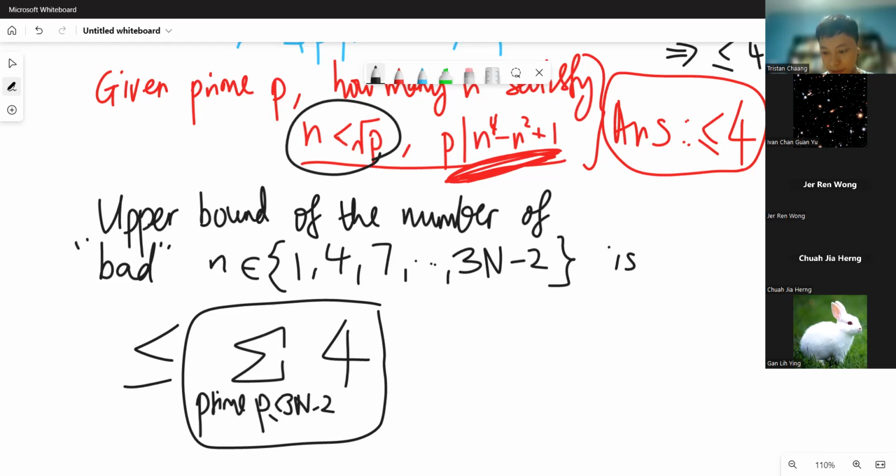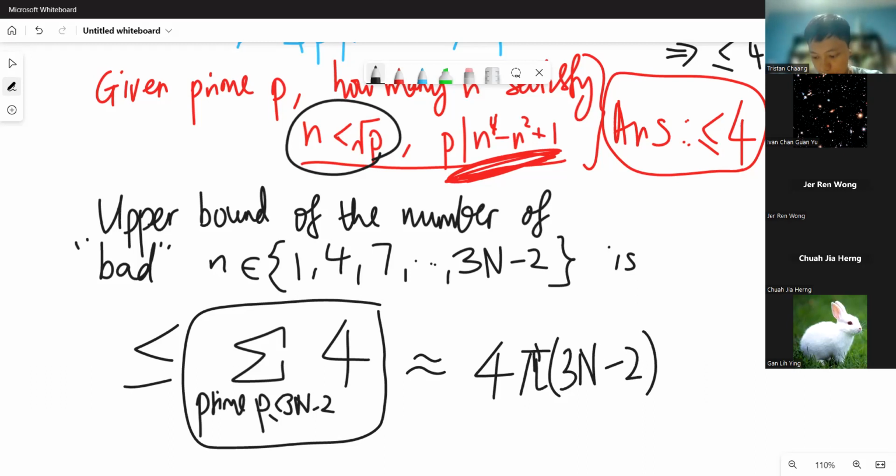Okay, so if that makes sense, but what is this? This is the number of primes p less than or equal to 3n minus 2, which is exactly pi of 3n minus 2.